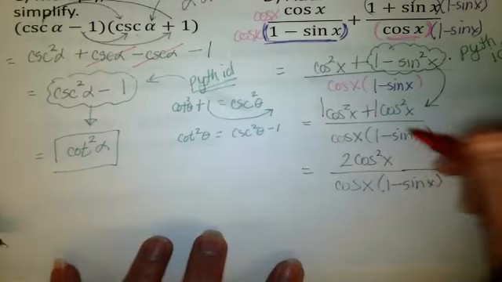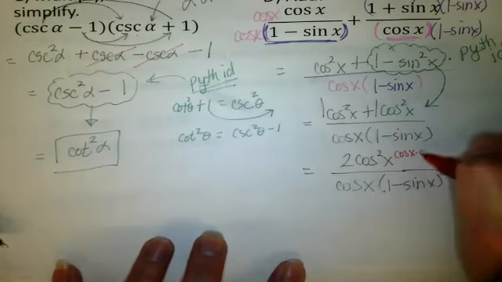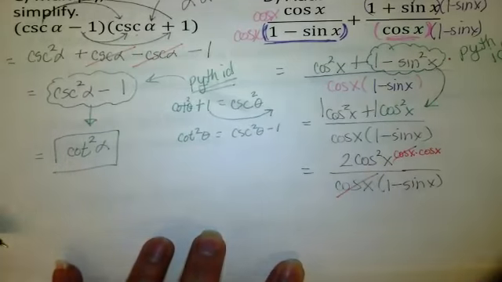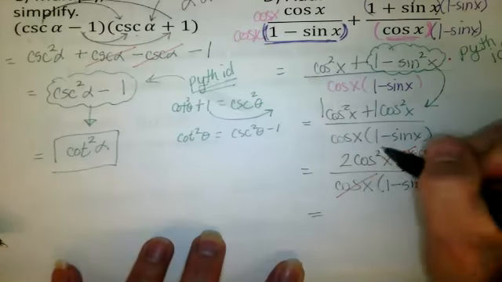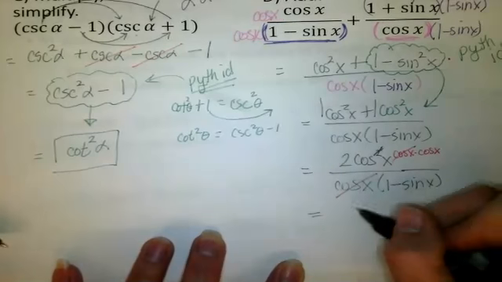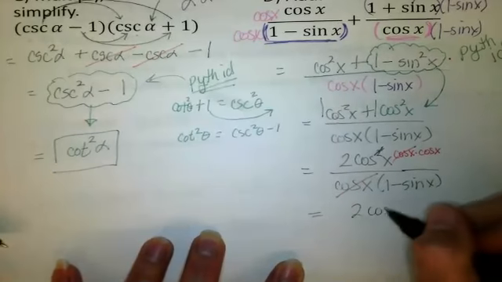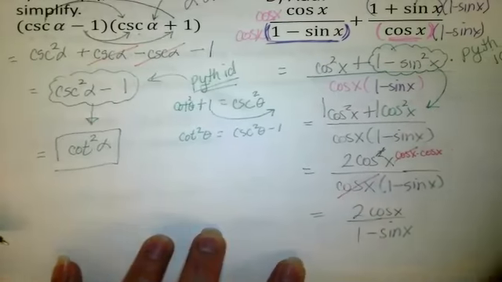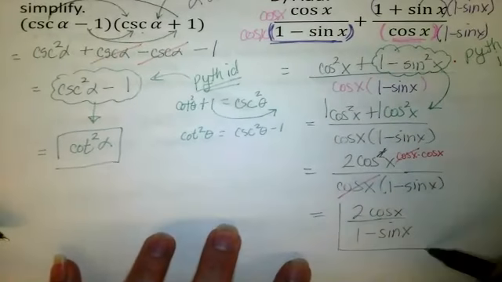Yes. Cosine squared is really cosine of x times cosine of x. You got cosine on top and a cosine on bottom. Okay. All right. So really that power cancels out. And we're left with a 2 on top with a cosine of x and the 1 minus sine of x.